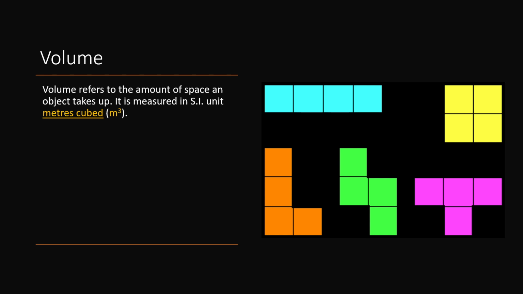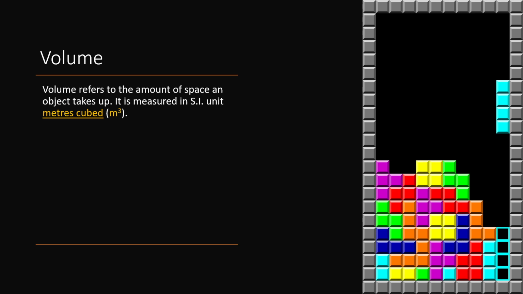They all take up 4 squares worth of space, if that makes sense. So in a game of Tetris, all of the falling pieces have the same volume.